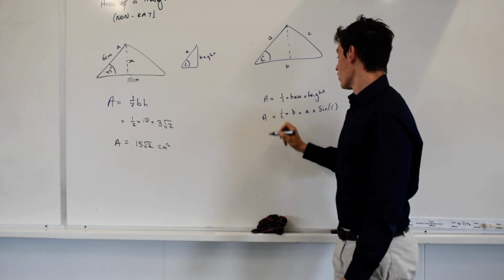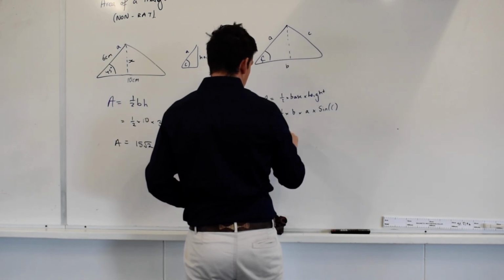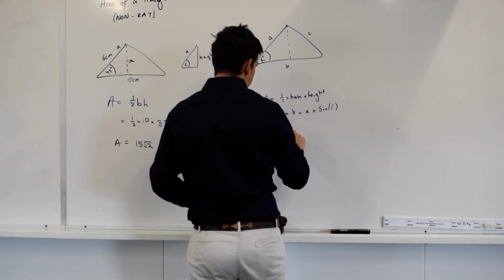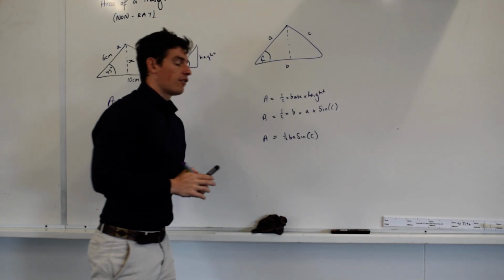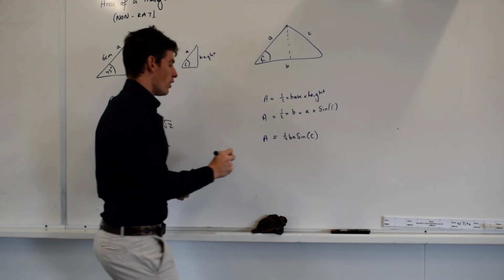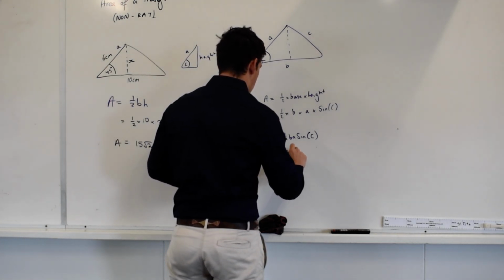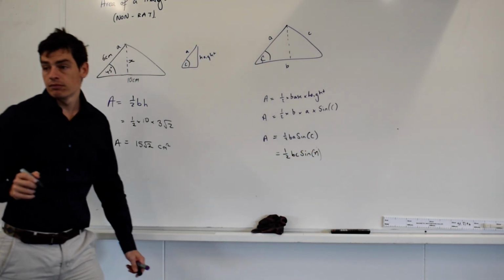So the area of a triangle equals half. Now we don't actually use it like that, we write it like this. Do I have to write it like that, or can I write it in some other version? Could I write that?